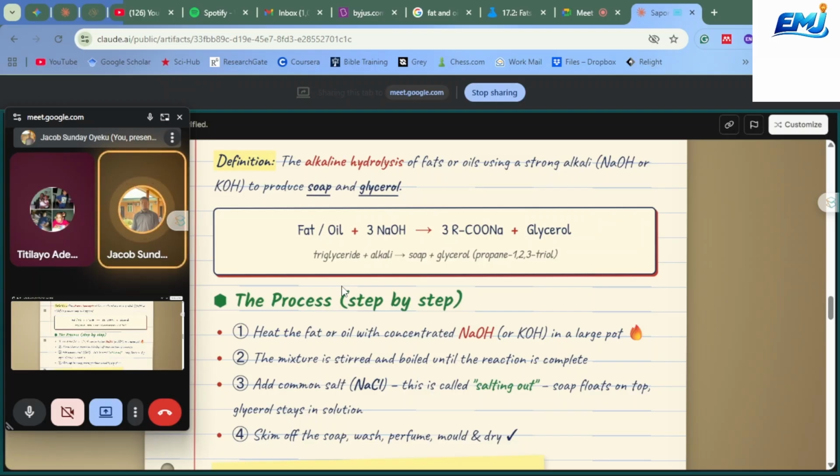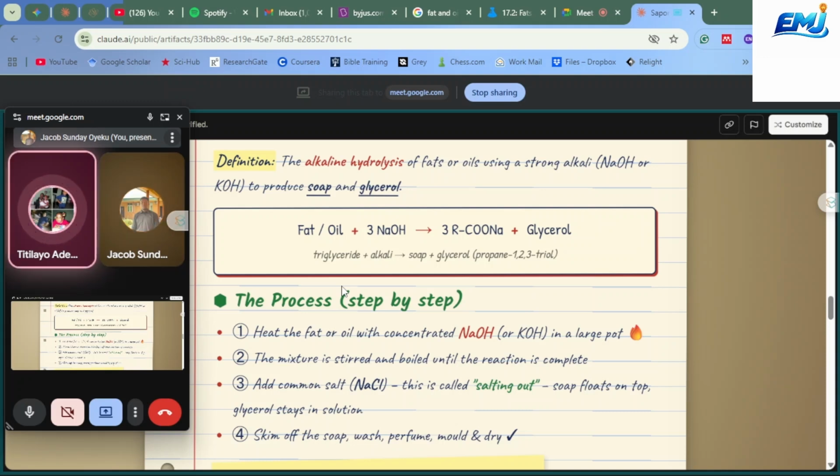So to refresh your memory now, we talk about carboxylic acid, right? The functional group is COOH. We talk about ester. The functional group is COOR, right? That's the difference. Esters are formed when carboxylic acid reacts with alcohol.